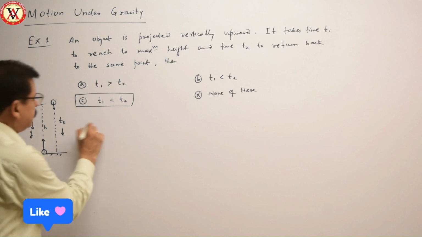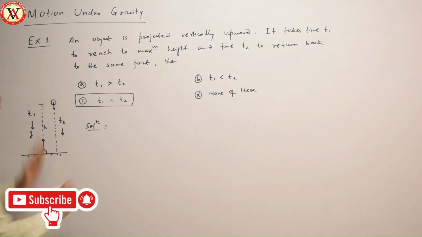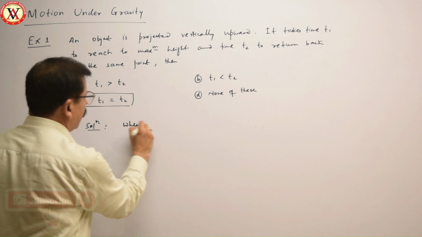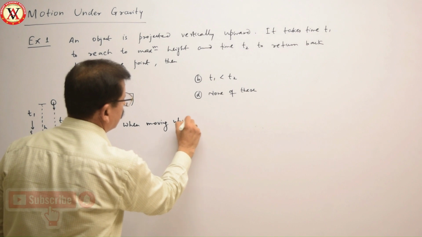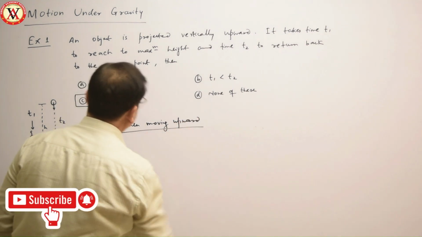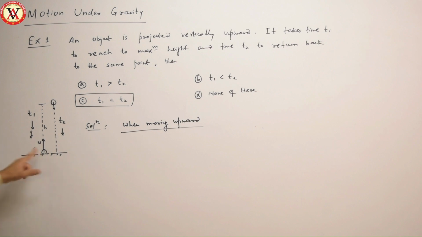Let's try to analyze. Take the case when it is moving up. What do you find? Speed was given as u. At maximum height, speed becomes 0.